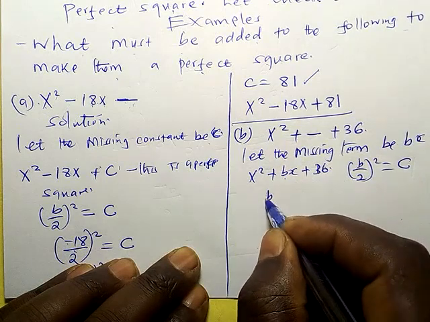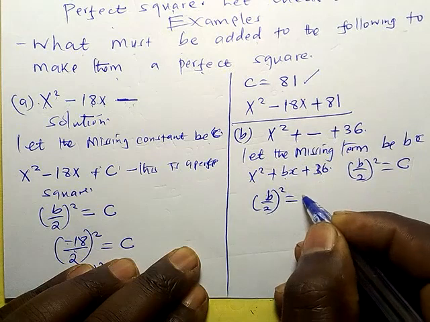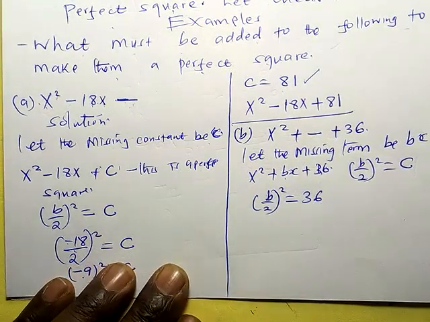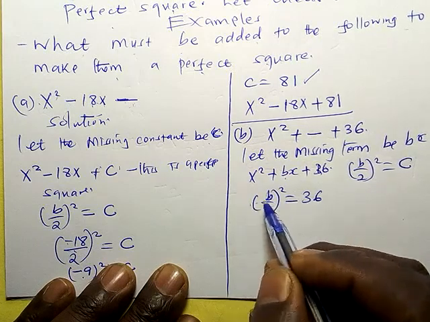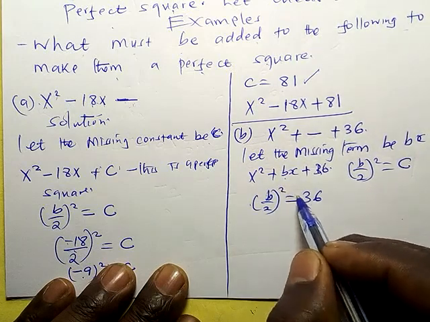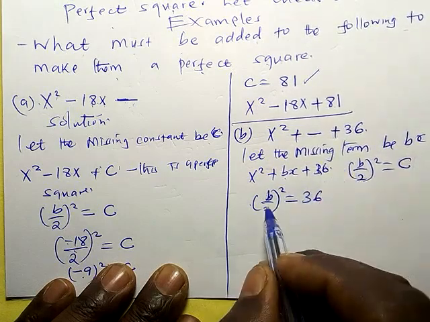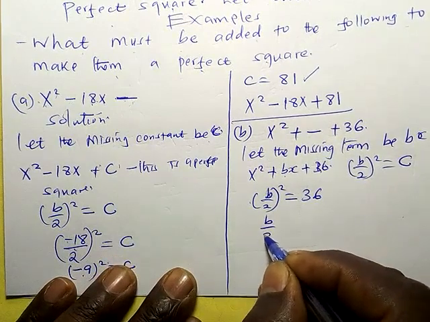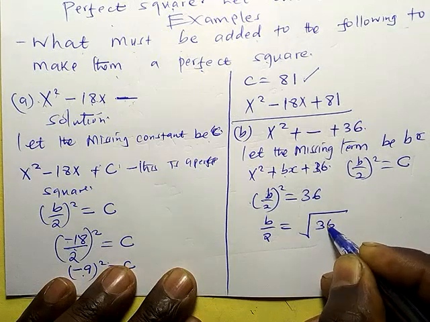It means that b divided by 2 squared equal to c, and our c is 36. Now here, we need to get our b. b is squared. So to remove this square here, we square root 36. We square root 36 to get b divided by 2.